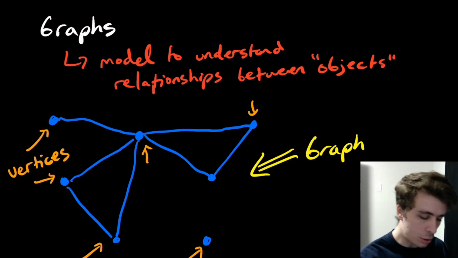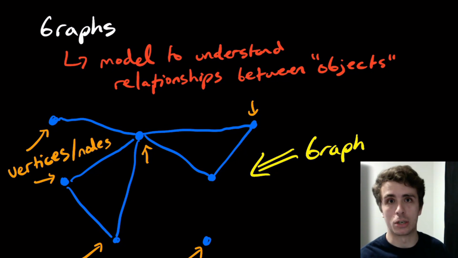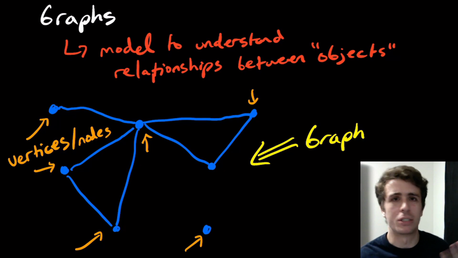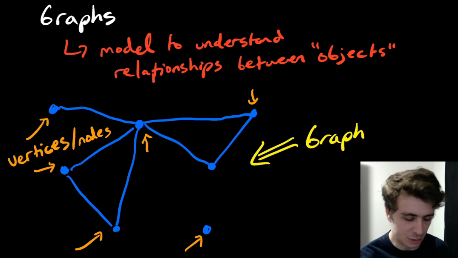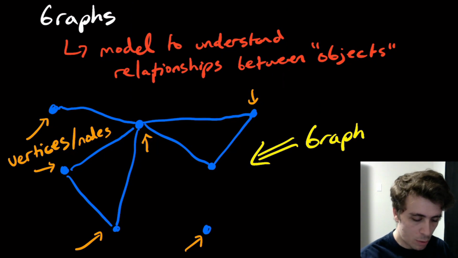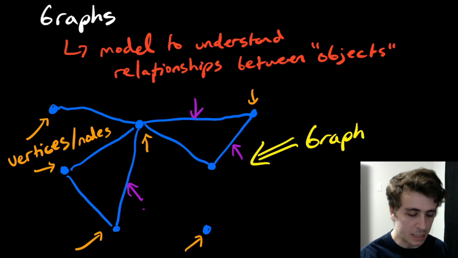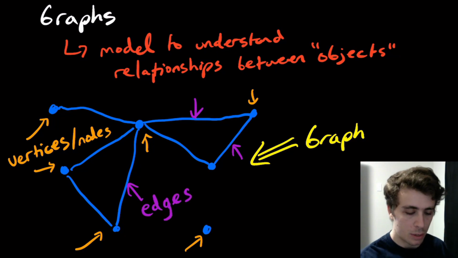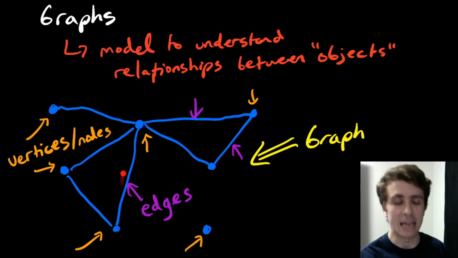You could also call them nodes, and I may use that term sometimes. Some people use vertex, some people use node. It doesn't really matter. So what are these lines called then? Another term for these is edges. The lines that connect up the vertices are the edges.